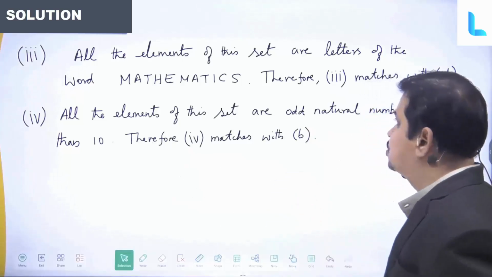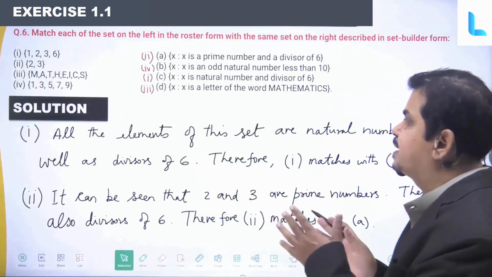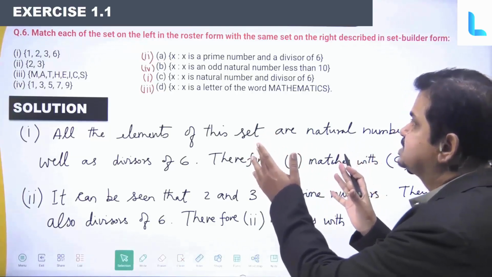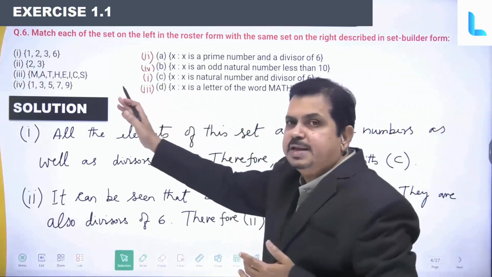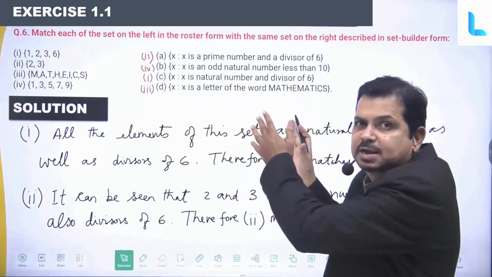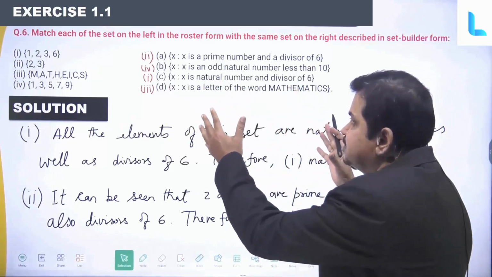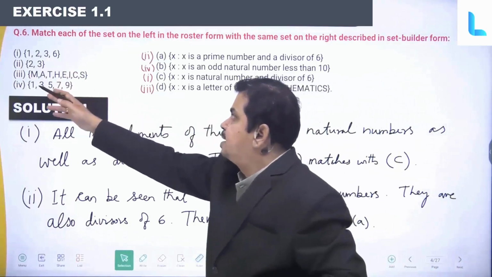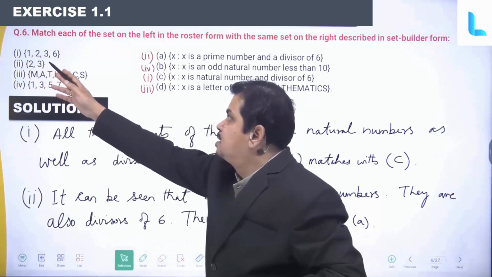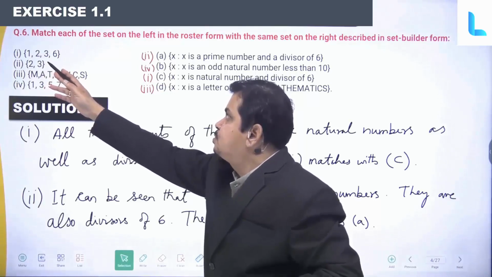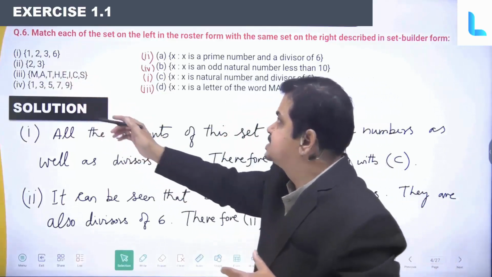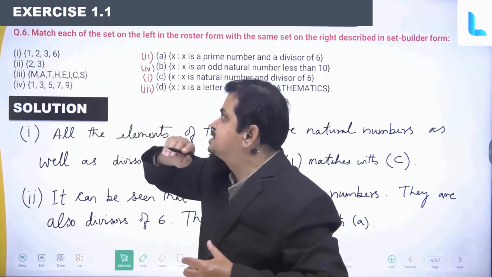So this is how we have to match the sets in the 2 different columns. The first step is to observe the sets given in the roster form on the left hand side and the sets given in the set builder form on the right hand side. After you observe these, take one by one. If you take item number 1, here you see the elements 1, 2, 3 and 6. First you try to read what elements are contained in this set.